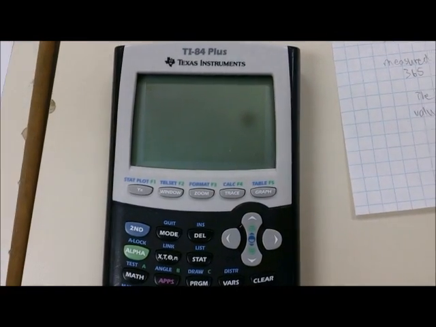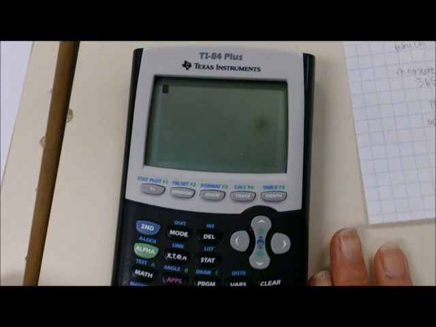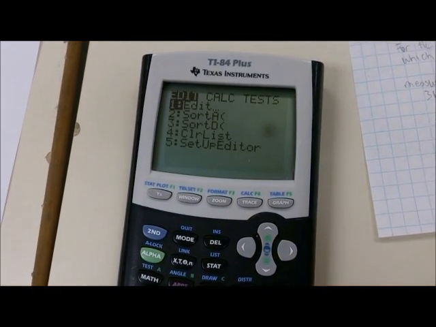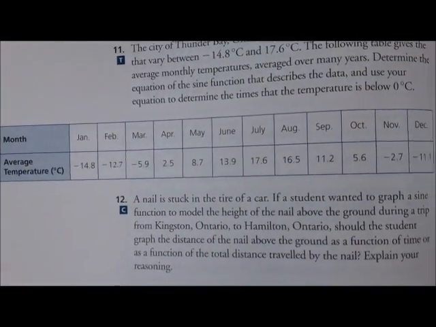To check if our answer is correct, we are going to use the graphing calculator method. First step is to use stat plot, edit, and input the data from the table into the graphing calculator.